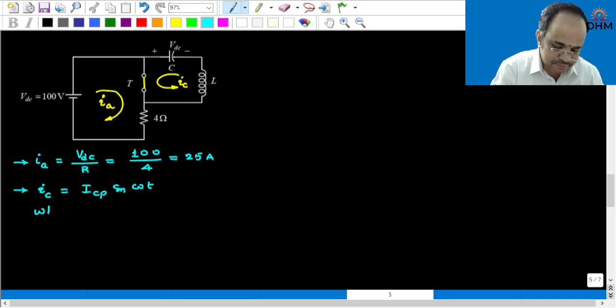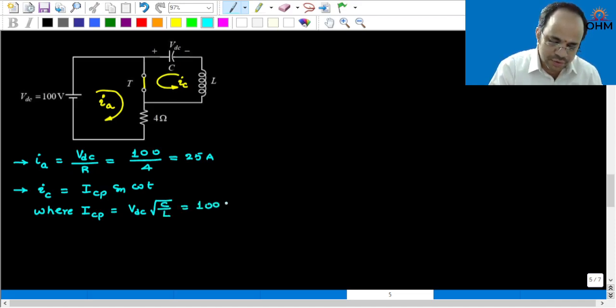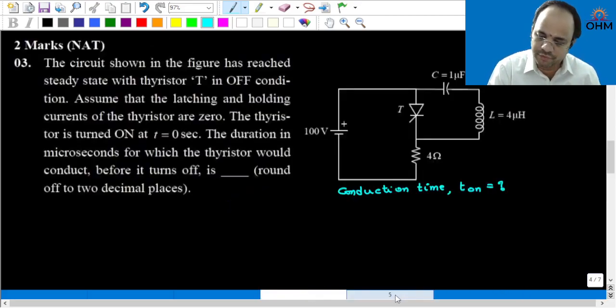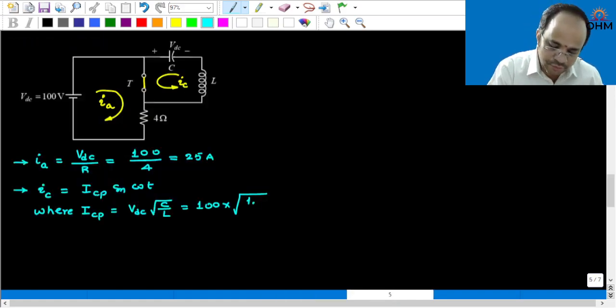Whenever the initial capacitor voltage is some voltage, let us say 100 volt, in an LC circuit, a resonant component of current will flow, where IC peak is equal to the initial voltage across the capacitor multiplied by root of C by L. Source voltage is 100, capacitance is 1 microfarad, inductance is 4 microhenry.